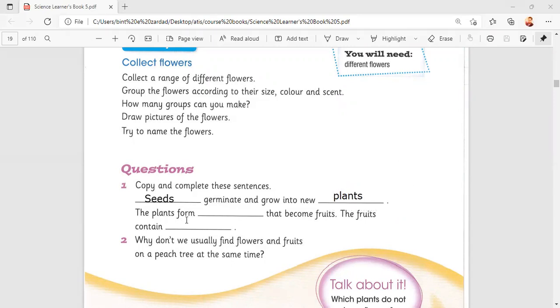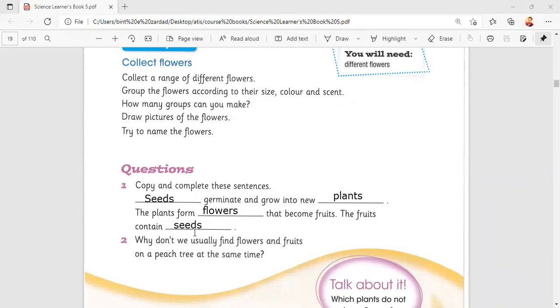The plants form flowers that become fruit. The fruits contain seeds, and you can see here it comes around again. Seeds germinate and grow into new plants. The plants form flowers which change into fruits.